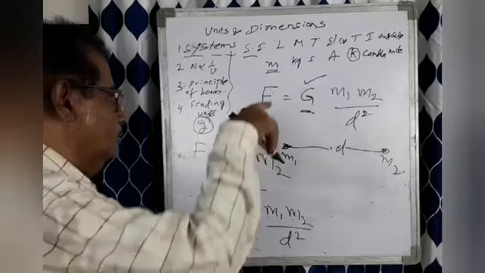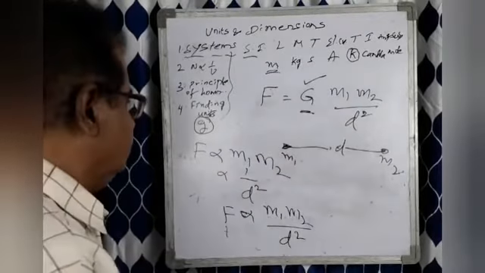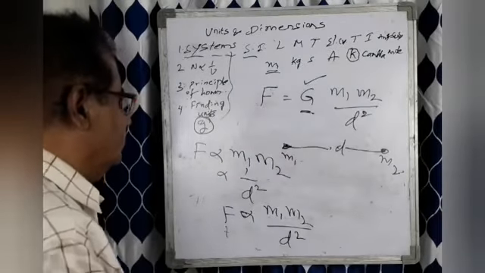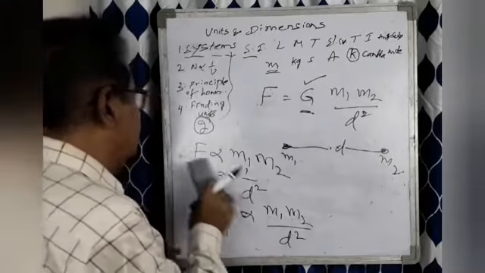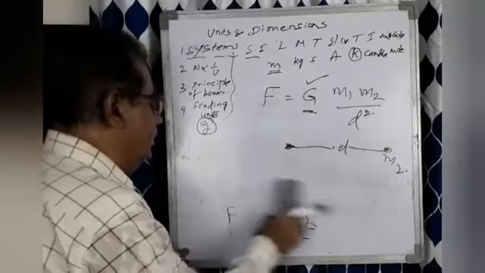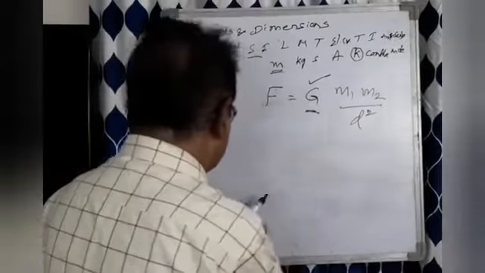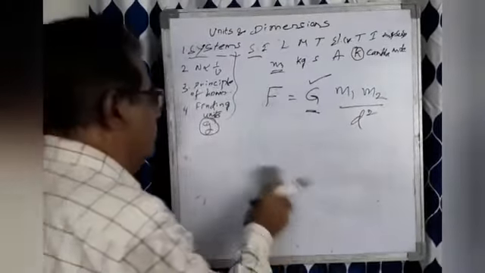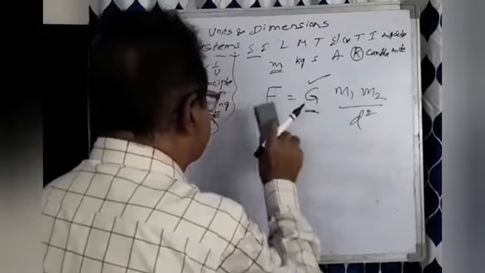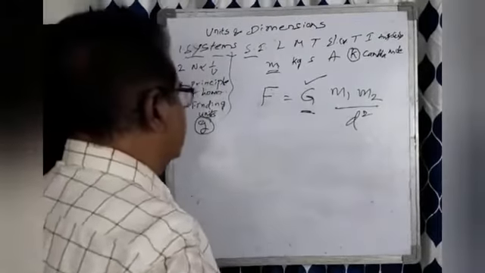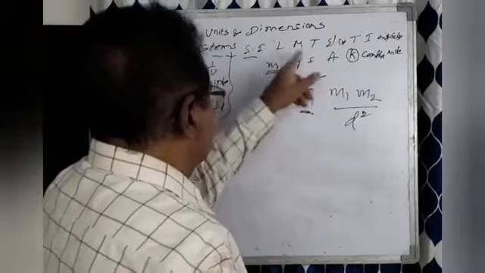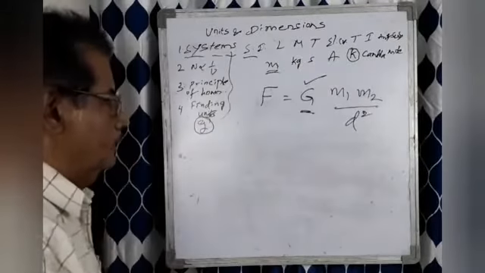What is the dimensional formula of capital G? What do you mean by dimensions? Dimensional formula means a formula relating a physical quantity with the fundamental quantities. So I will show you now. A formula relating this physical quantity with the fundamental quantities L, M, T and so on.